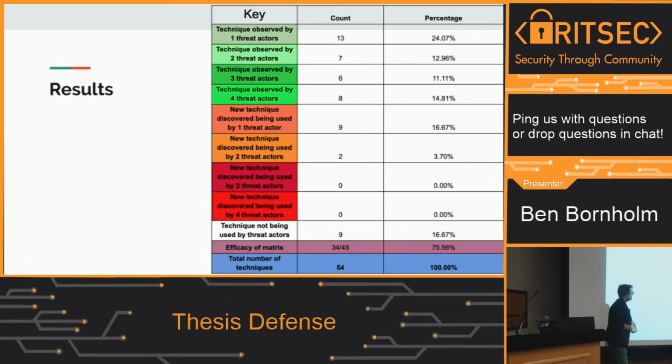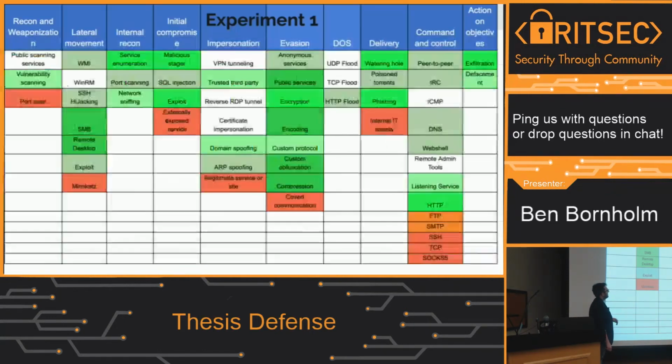And again, as I already described, anything in orange/red is a technique that didn't exist on our matrix, but we added it after experiment 1. So our final result down here was our matrix was 75% effective at detecting APTs for experiment 1 against 4 different APT groups. So, just flipping back. Good?